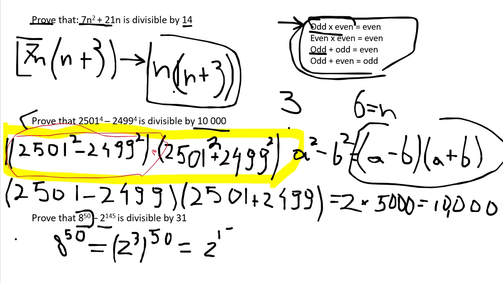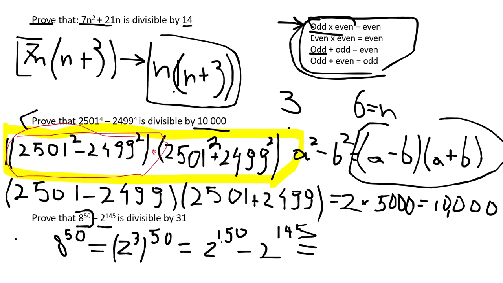Then it's going to be a little bit easier. We have 2 to the power 150 minus 2 to the power of 145. Okay, what does it equal? It's not the end of the exercise.